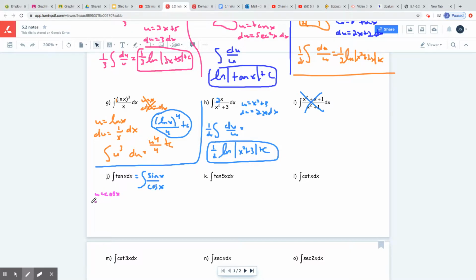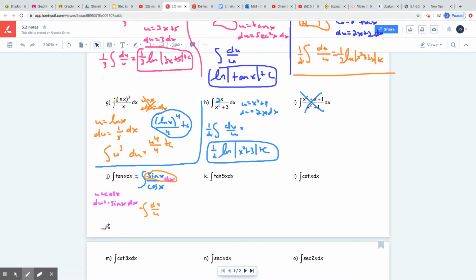The derivative of cosine x is negative sine x dx. There's a dx there already, so the only thing I need to add is a negative. If I add the negative in there, all of this I can replace with a du over u.